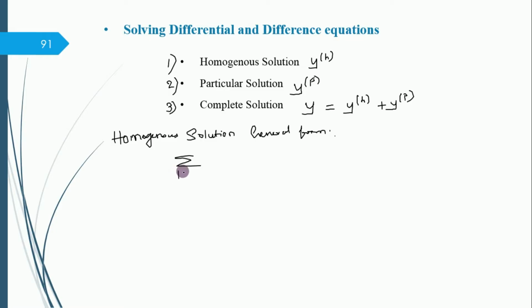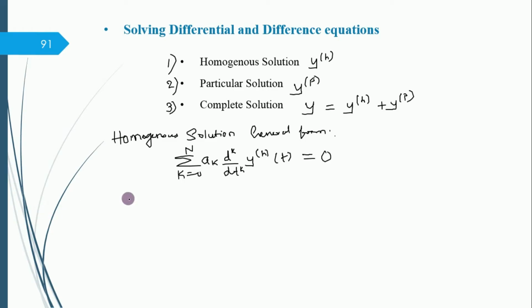Summation k is equal to 0 till n a_k d^k by dt^k y of t, homogeneous solution, equal to 0. What I'm doing is, in the general form, we had the right hand side with terms of x of t, the input. Here I am making the terms of x of t equal to 0. So this is the first step for finding the homogeneous solution. What we are supposed to do is, we have to equate the terms of y to 0. This is what we need to do.